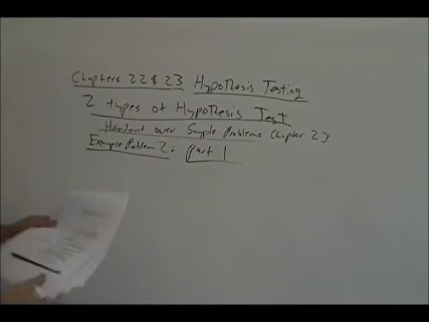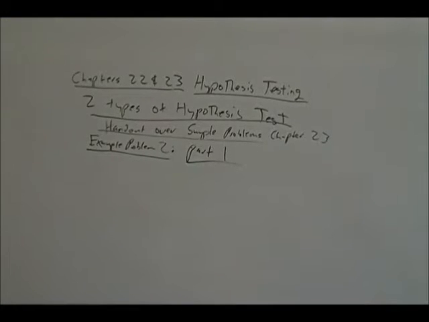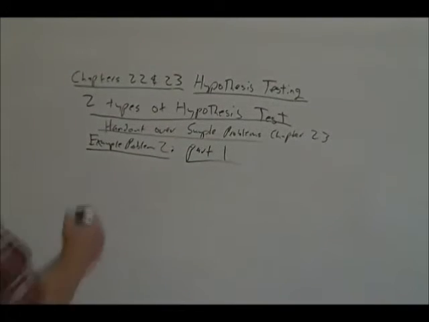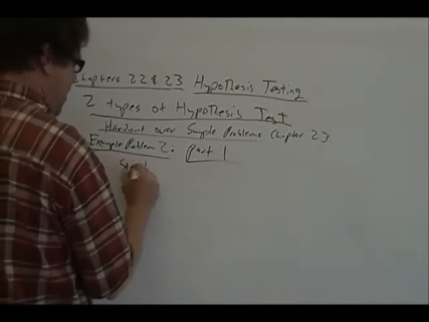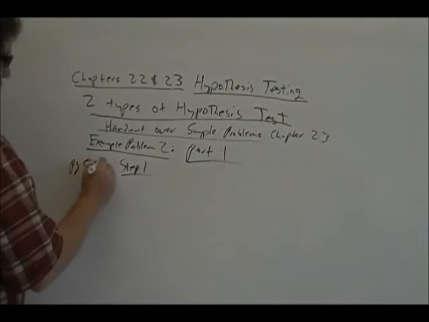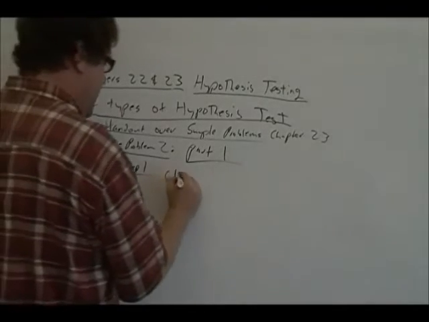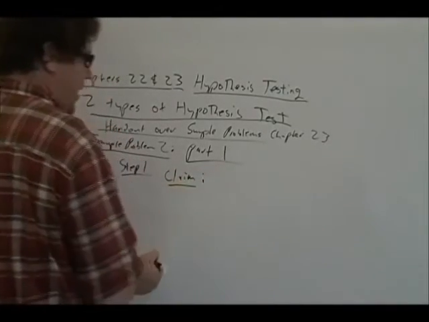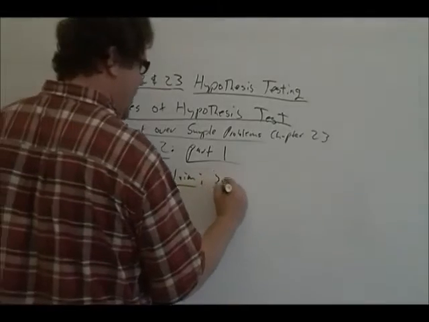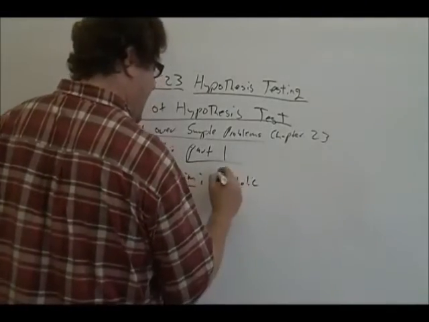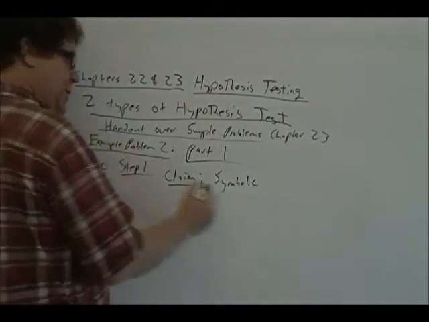So let's go ahead and get our flow chart, and let's read the problem. First thing, remember, in step 1, if you look on page 520, you have to write down the claim in symbolic language. The claim now is about a mean, not a proportion.